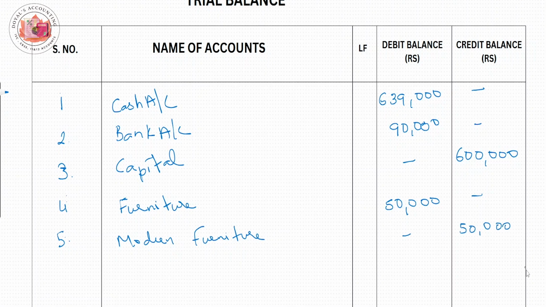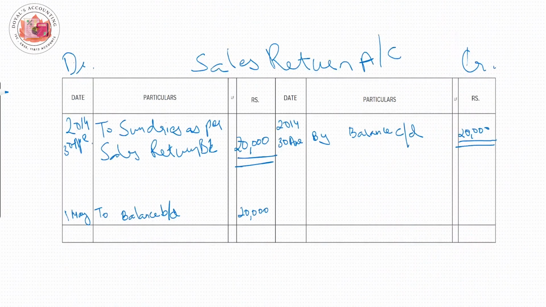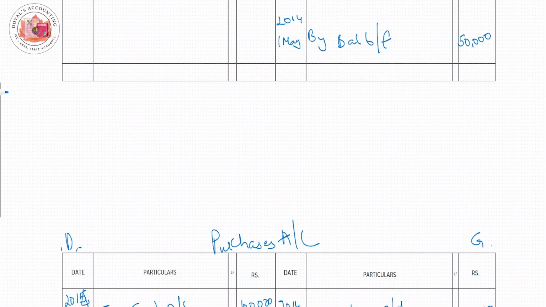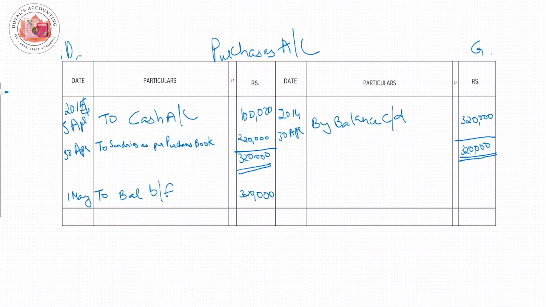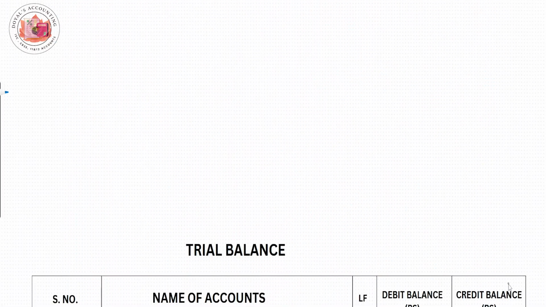Now purchases has a debit balance of 3,20,000. If you are unable to remember which accounts have debit or credit balance, you can blindly see where the opening balance is for the next month. So my opening balance for the next month is on the debit side. So I will write in my trial balance on the debit side 3,20,000 purchases.